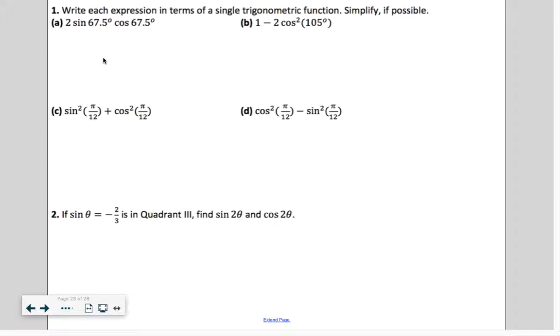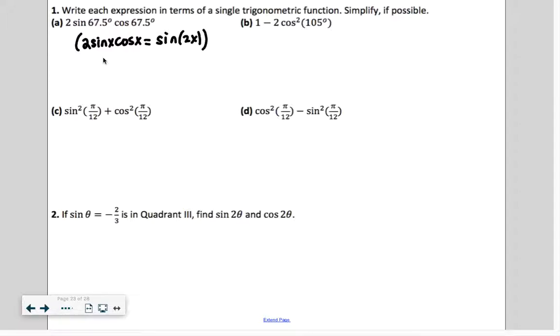So if we have 2 sine of 67.5 cosine of 67.5, we first recognize that that looks like 2 sine of x cosine of x, right? Can you identify that? So that means we're going to have sine of 2x. That's where we're headed.